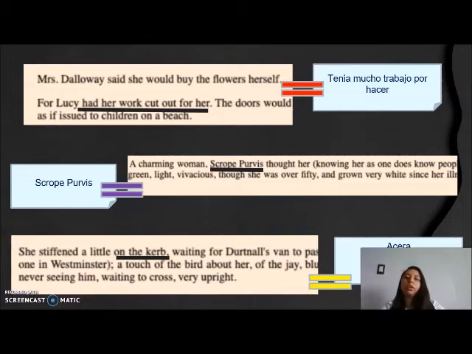As for the words Scrope Purvis and Peter Walsh, we decided to make use of a préstamo or borrowing, since there was a linguistic gap in the target language. With respect to the word curb, we decided to make a literal translation, so that its meaning would be "acera."